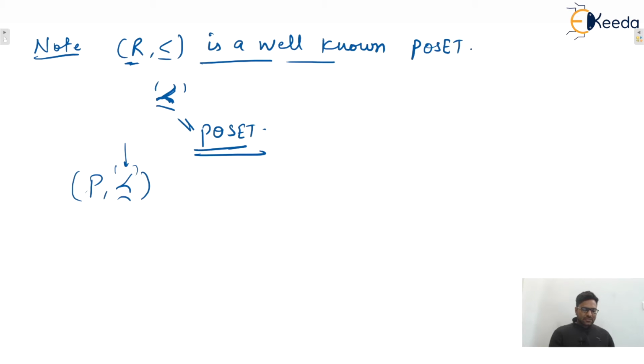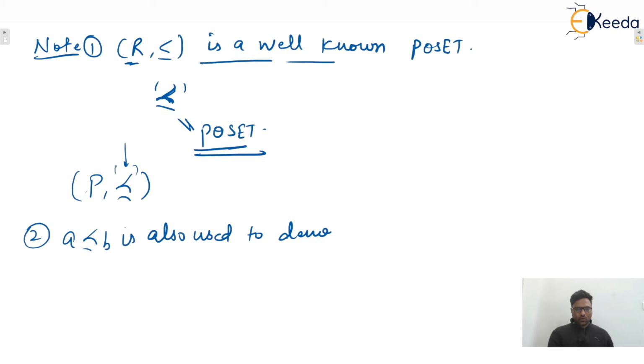Similarly, second point in the note you can write down. This symbol is also used to denote that (A, B) belongs to the relation R in any arbitrary poset (S, R). Listen to me correctly.